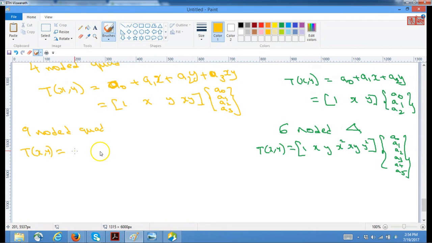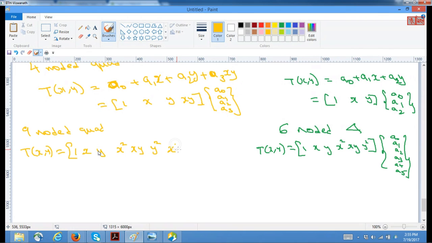Similarly, for a 9-noded quad, one can write T as a naught plus a1x plus, anyway, let me not write the expansion, I'll write it in a short form. It is written as 1 x y x square xy. You can pick any order, it doesn't matter, as long as all the terms are there.